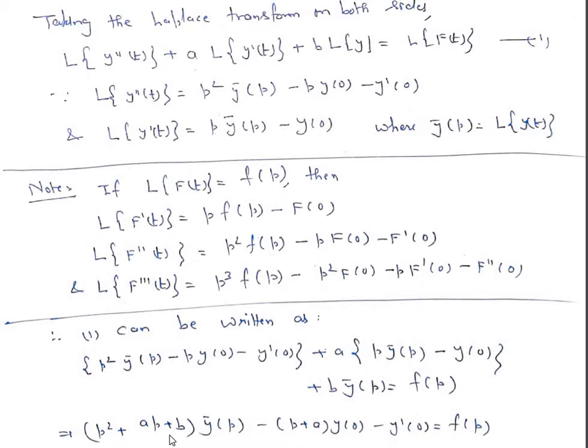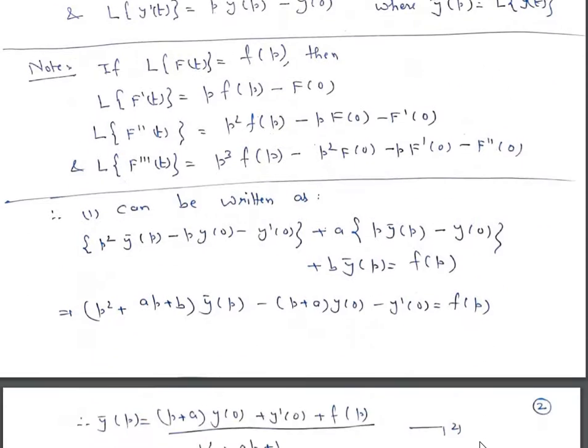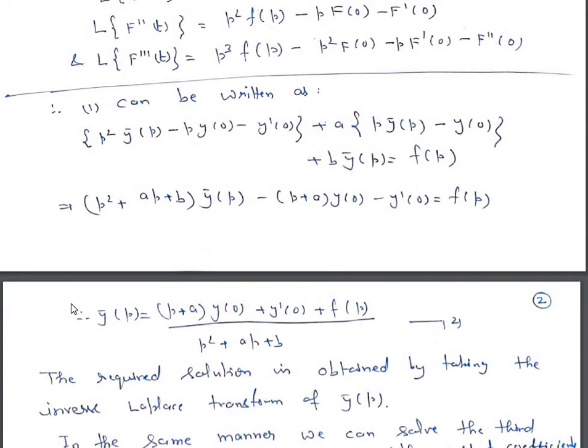Now we take ȳ common, so we have (p² plus ap plus b) into ȳ minus (p plus a) into y(0) minus y'(0) is equal to F(p). So therefore ȳ is equal to [(p plus a) into y(0) plus y'(0) plus F(p)] divided by (p² plus ap plus b).